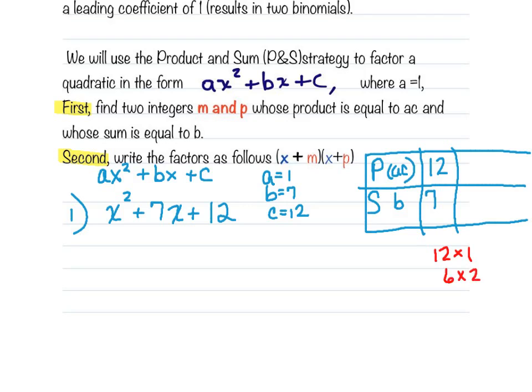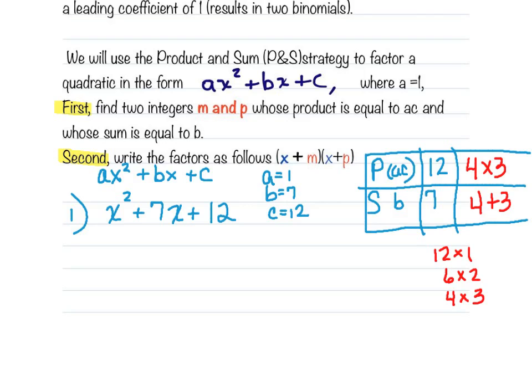But if I add 6 and 2, the sum does not equal 7. The next integers that I can come up with are 4 times 3, and so those are the ones that work, because 4 times 3 is equal to 12, and 4 plus 3 is equal to 7. So I found my two integers.